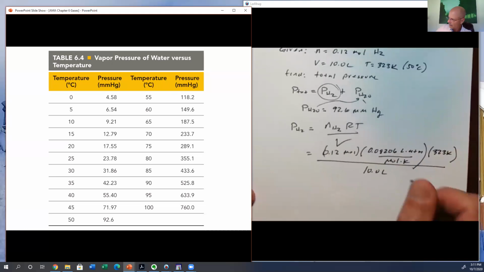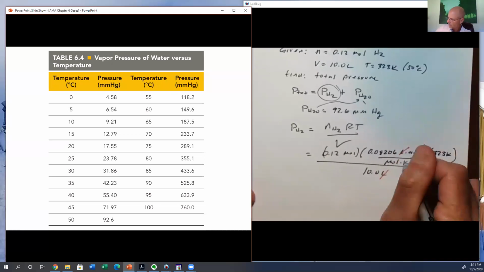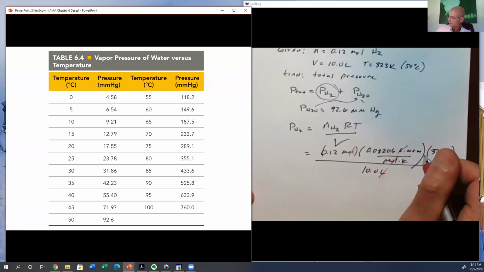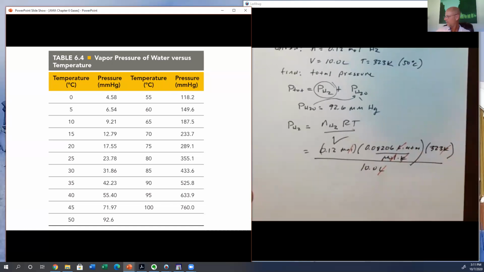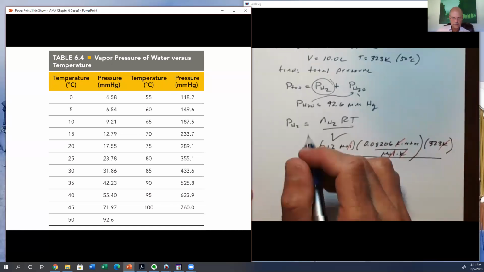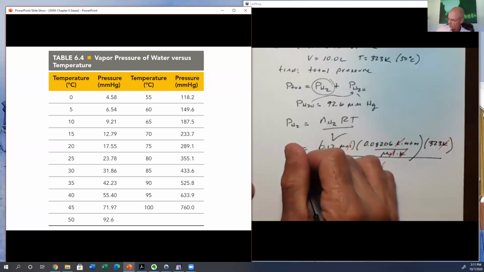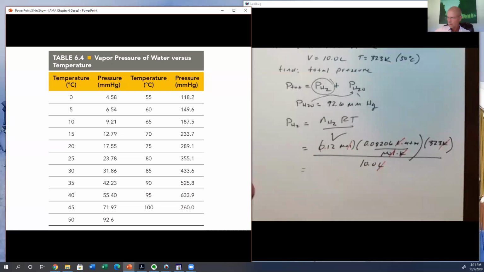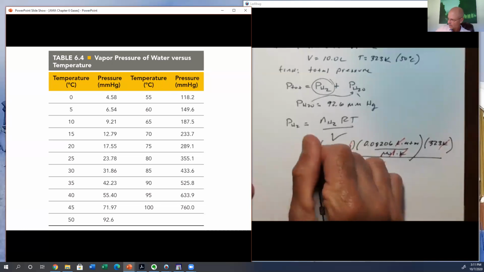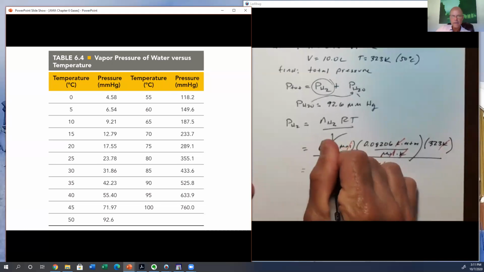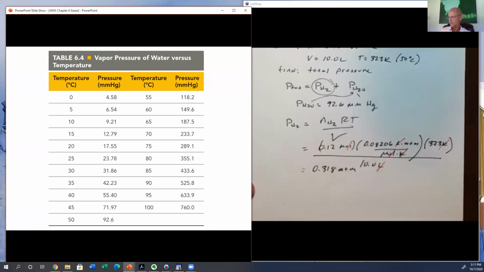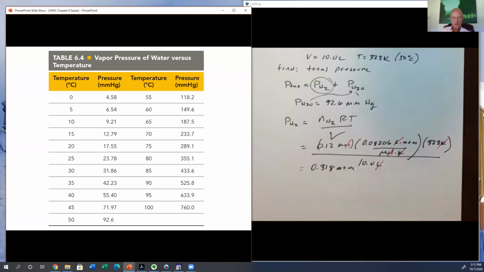Cancel units: liters, liters, moles, moles, Kelvin, Kelvin. I'm left with atmospheres. Yay. So the partial pressure of hydrogen is equal to 0.318 atmospheres.